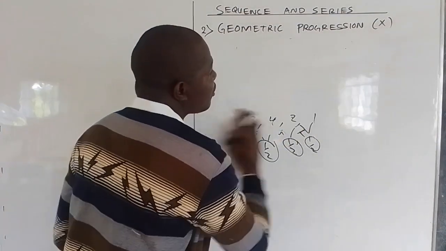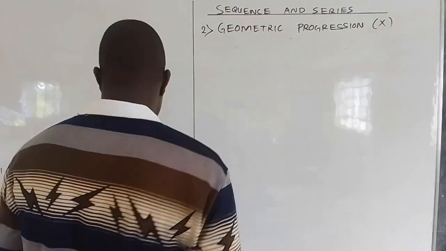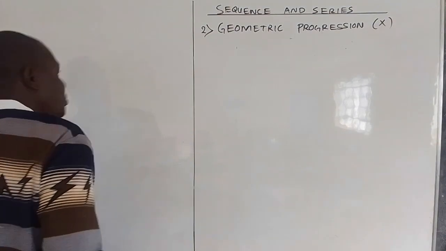So let us start with geometric progression. It specifically uses a multiplication sign.